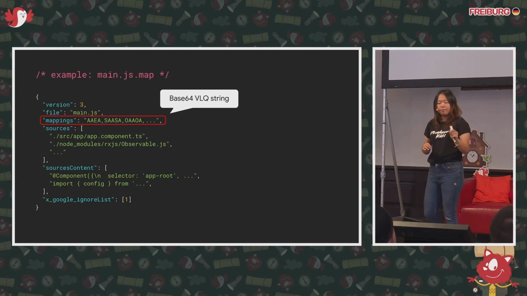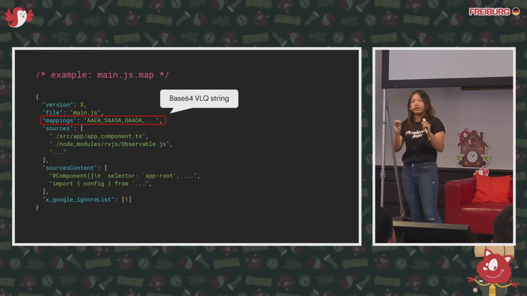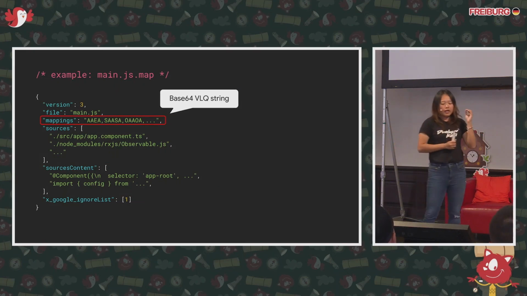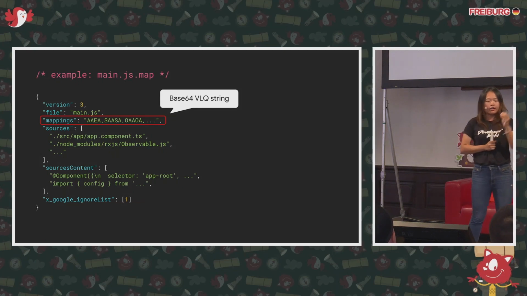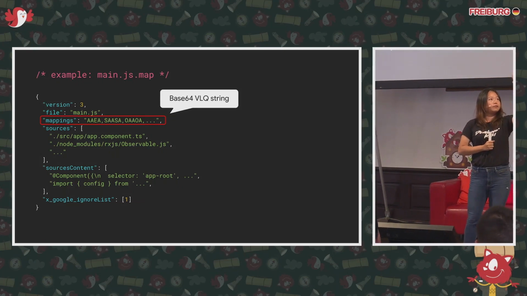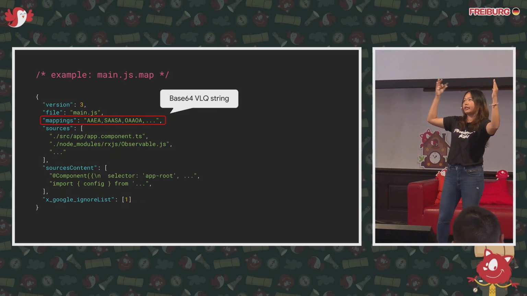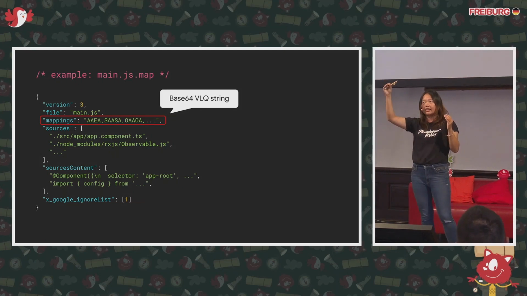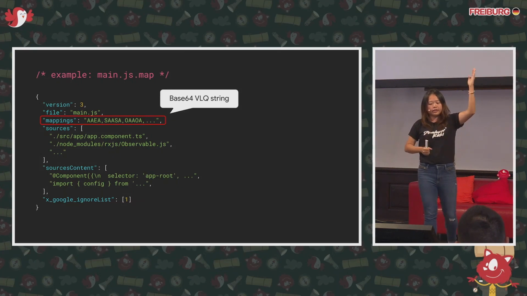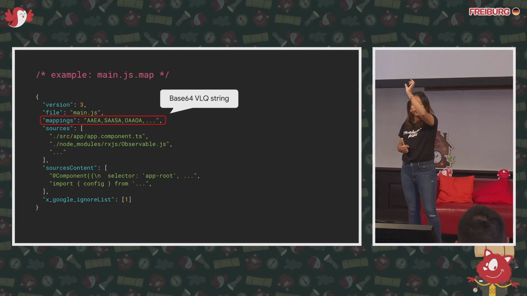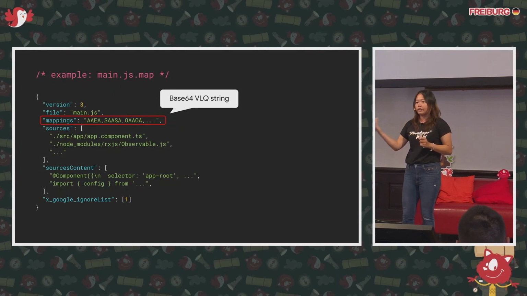Then this mapping is exactly something like coordinates. It basically tells that the minified file in this position is mapped to the original file, line number 2, column number 6. Each of these four letters is what we call a base 64 VLQ string.